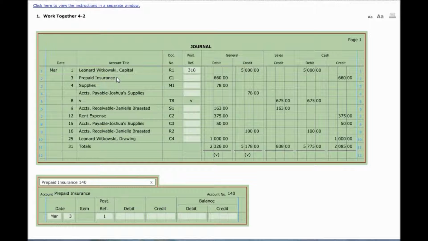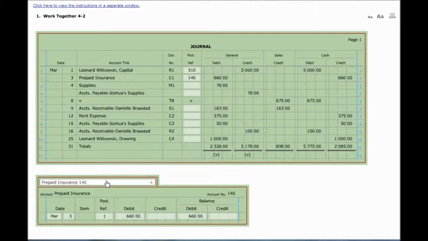We debited prepaid insurance for 660, so I need to debit prepaid insurance here. Step number 4, what's my new balance? My balance was a 0. I debited it for 660, which means I increased my balance to 660. Last step, sign it off. All right, 5 steps, remember. Let's go to the next.